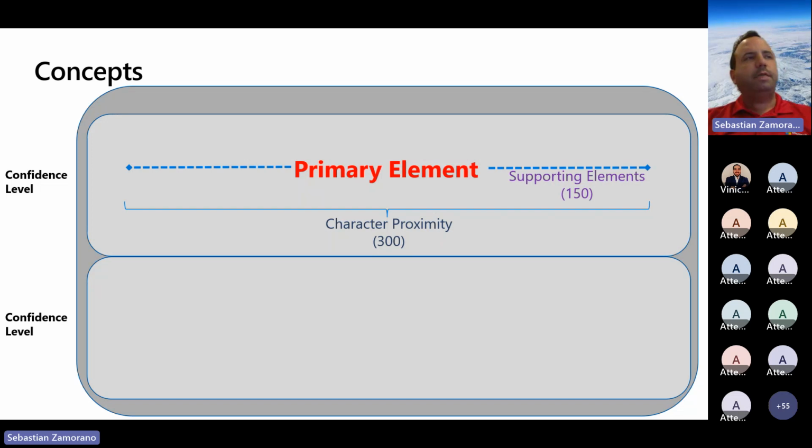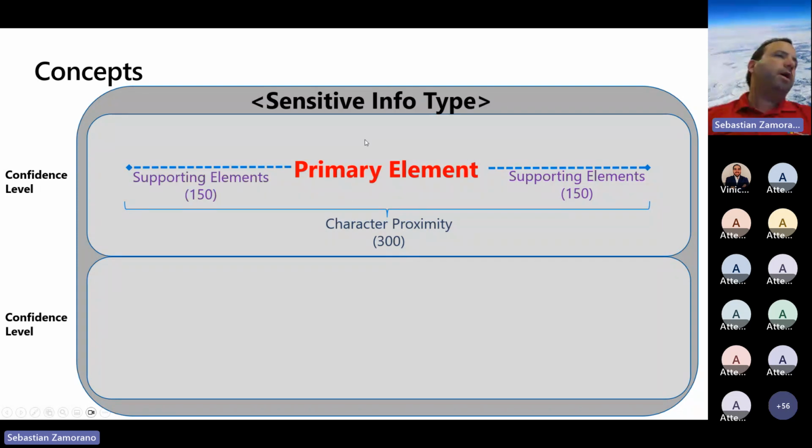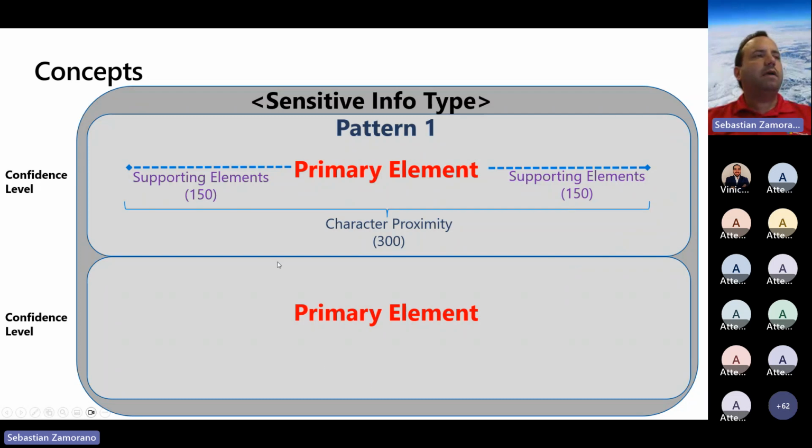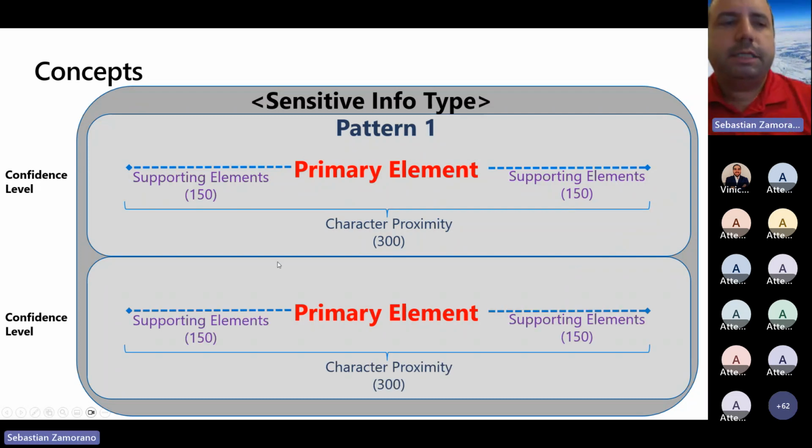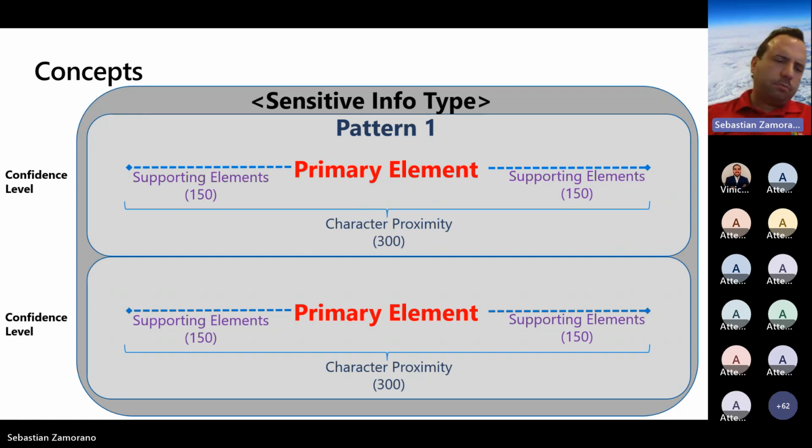Normally the default is 300, and that means from our primary element, we will look for supporting elements 150 to the left and 150 to the right. But in one sensitive info type, we can have different patterns for different confidence levels. We will see on the presentation what this confidence level means. As an example, and I will show you, it is very important to understand.